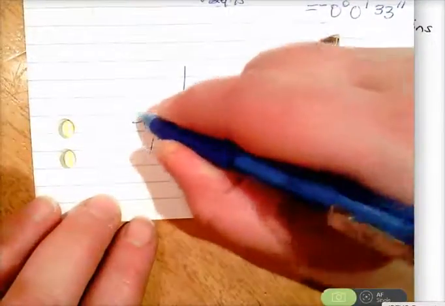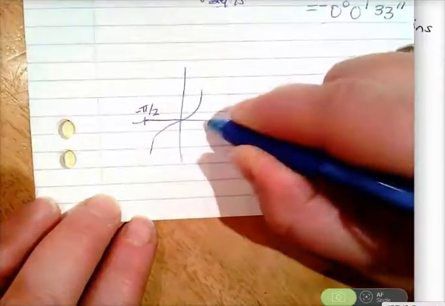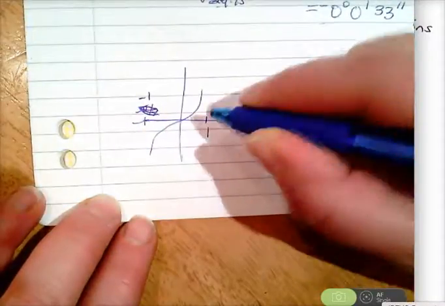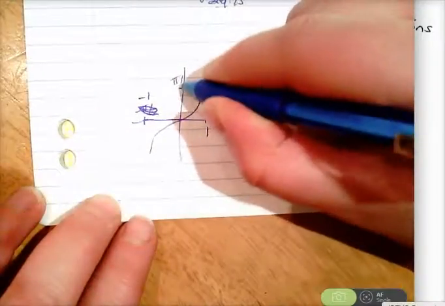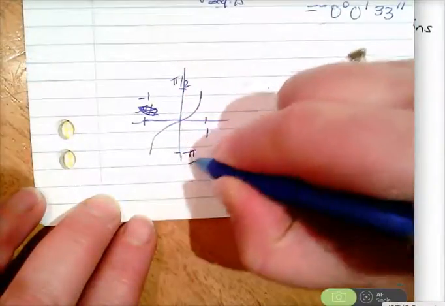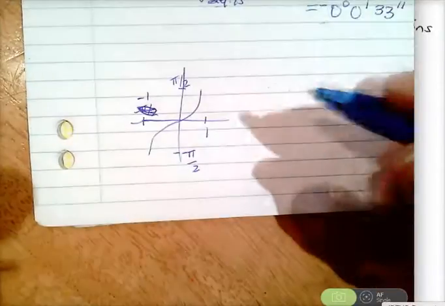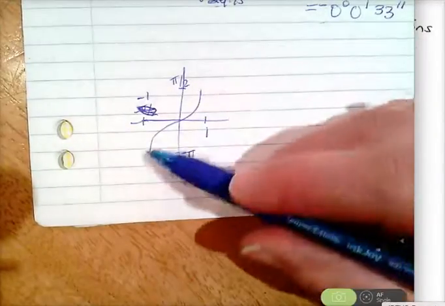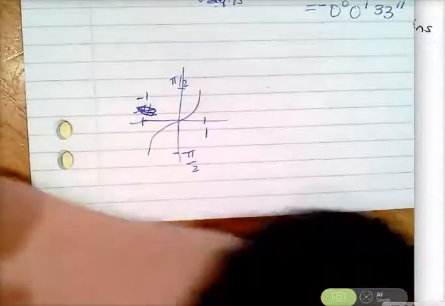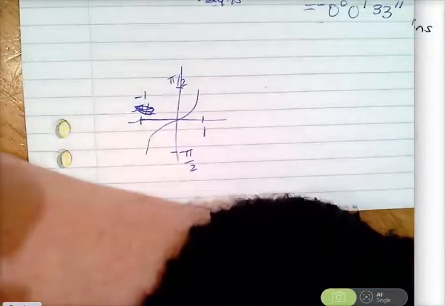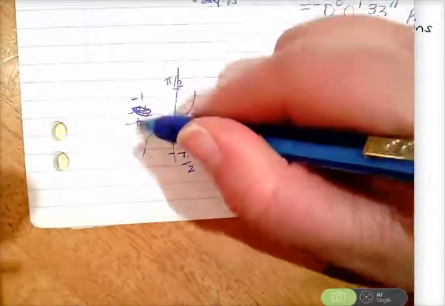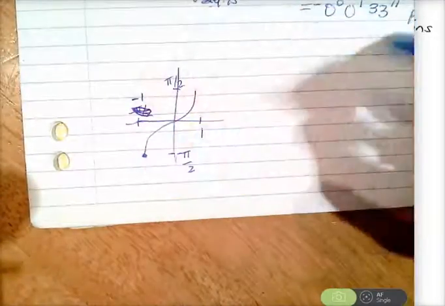That's -1, and that's 1, and that's pi on 2, and that's negative pi on 2, okay? Now the inverse sine of negative pi on 2 is -1. Sorry, I mean to say that the other way around. The inverse sine of -1 is negative pi on 2.